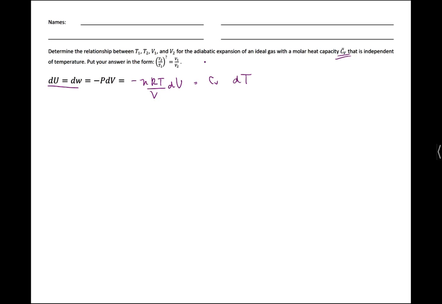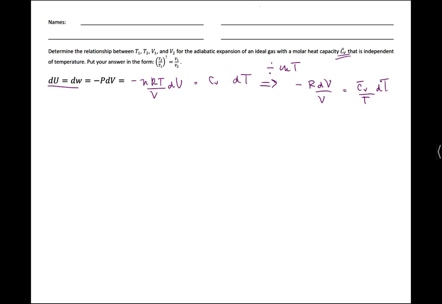All right. Now, I want to collect the terms again. So I'm going to divide both sides by, help me out, what do I divide both sides by? n times T. All right. And the result of that will be minus R dV over V is equal to CV over T, molar heat capacity now, dT.